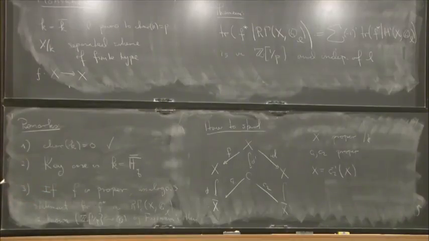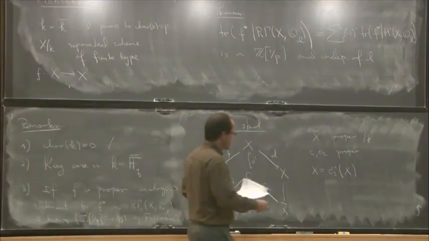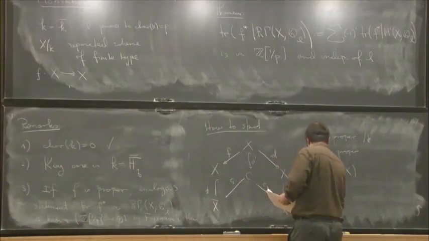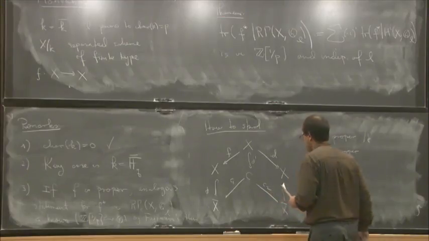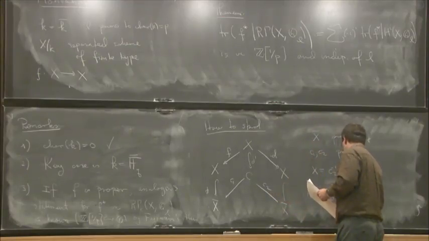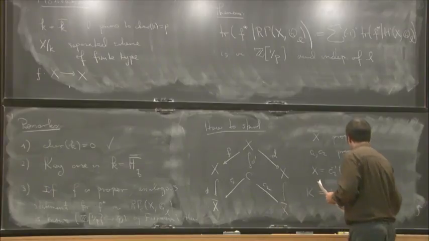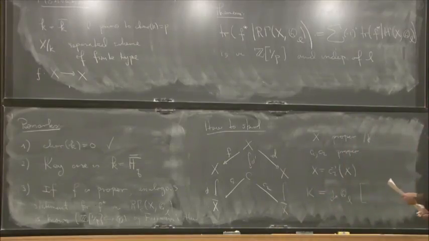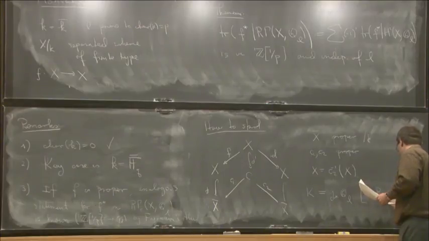Okay, and then you consider the complex K, which I'll write as j lower star Q_l, and following standard conventions, this means Rj lower star Q_l, but I'll almost always omit the R.